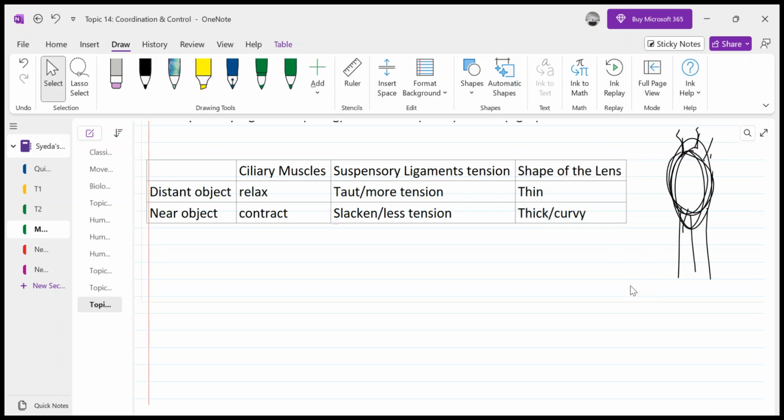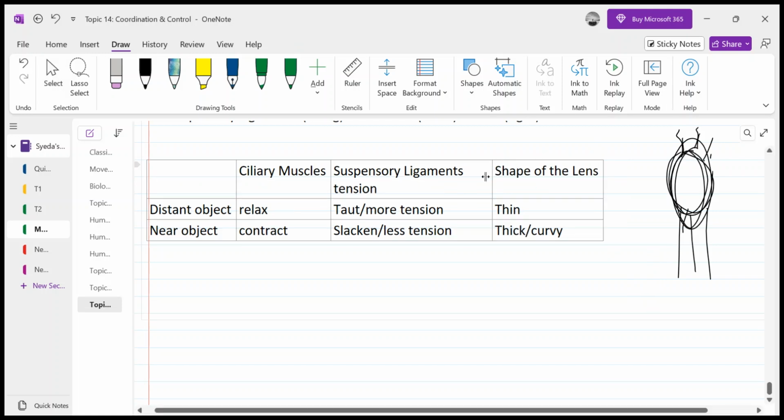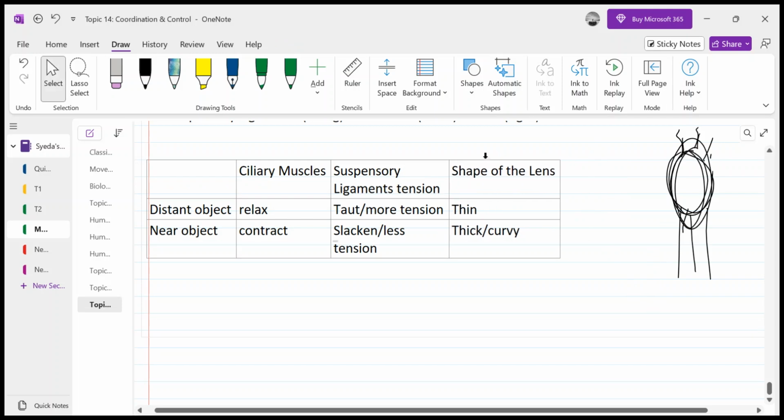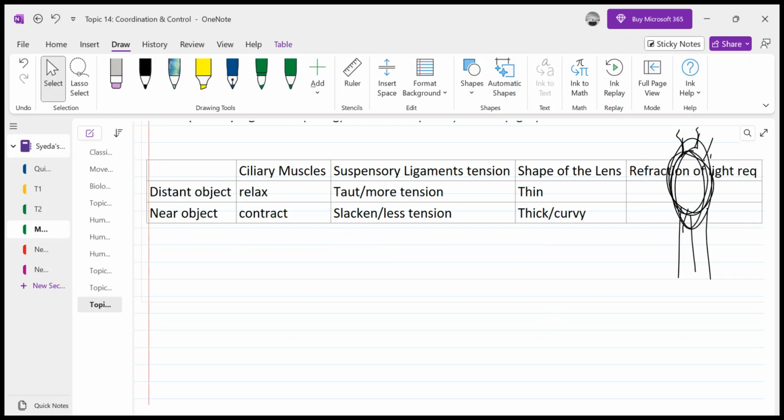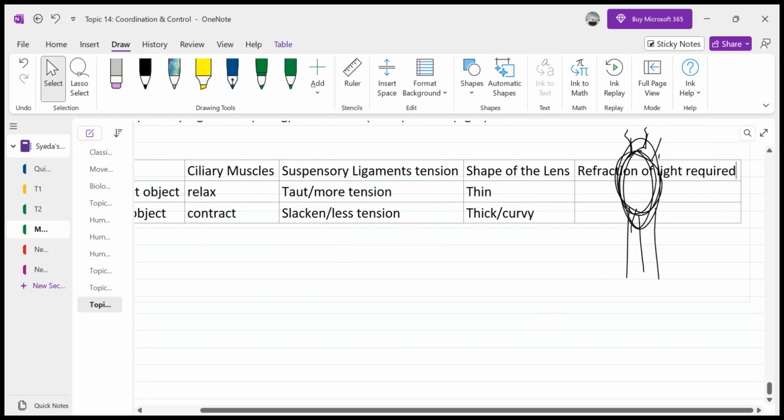Why is refraction of light required? For seeing a far object, we require less refraction, right?